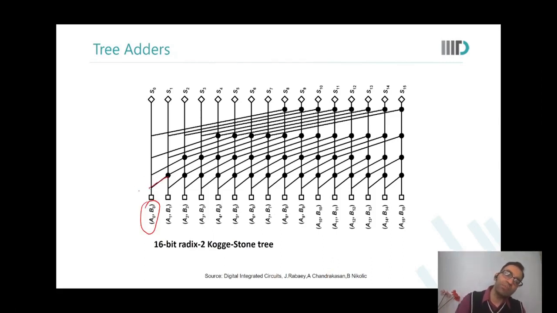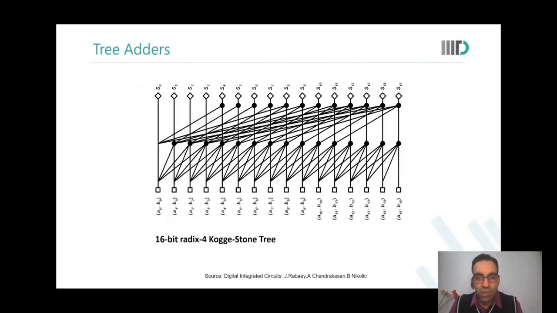For example, A0, B0 will only influence S0 and S1 because the carry would go there. But in terms of higher bits, we know that A1, B1 can also influence S3. So we build this kind of a tree, and there are complex trees also.